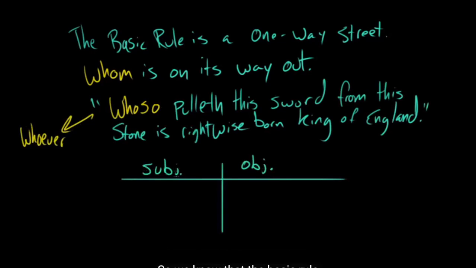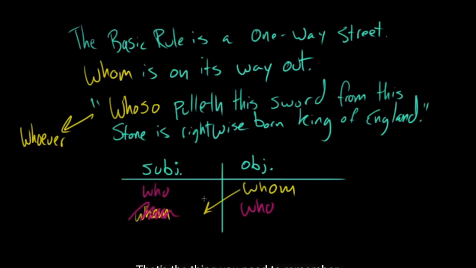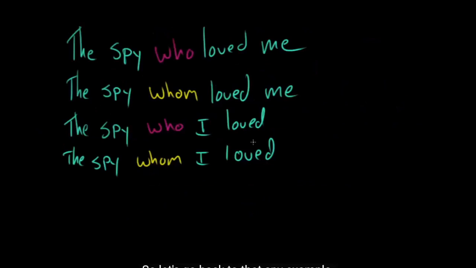So we know that the basic rule is that you use who as a subject and whom as an object. But you can also now use who as an object. The only thing you can't do is use whom as a subject. That's the thing you need to remember: whom's use is not expanding, it is contracting. Who is taking over some of whom's duties. So let's go back to that spy example.